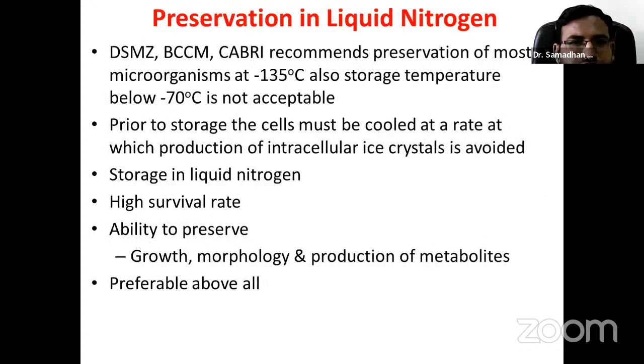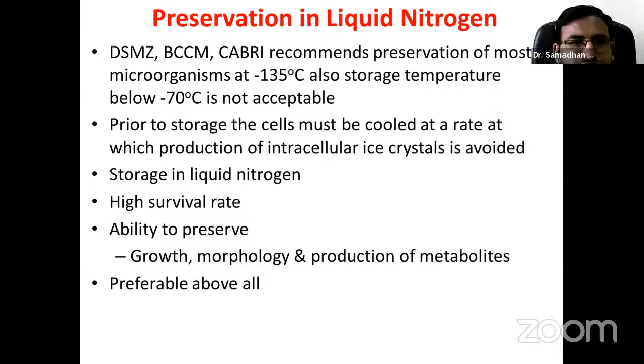Then these are some observations given by DSMZ, that is the German culture collection, and BCCM. It recommends preservation of most microorganisms at -135 degrees Celsius, and storage temperature above -70 degrees Celsius is not acceptable.